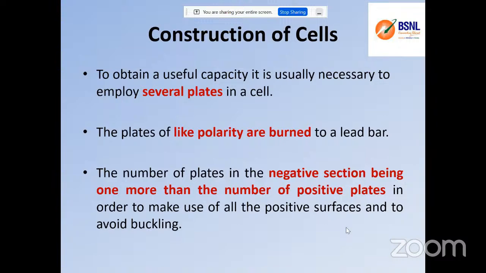There will be a spacing, or a separator, between the positive and negative plates. The negative plates are more in number than the positive. Suppose I have 10 positive plates, the negative plates will always be one additional, that is, 11 negative plates. If I have 20 positive plates, there will be 21 negative plates.